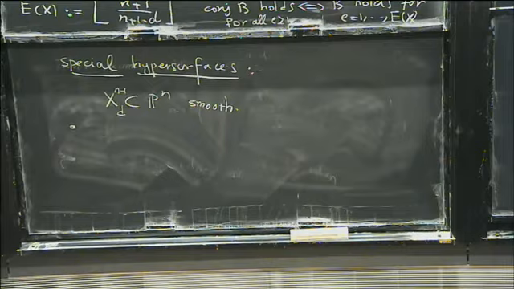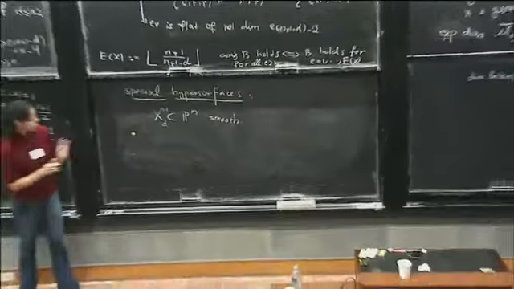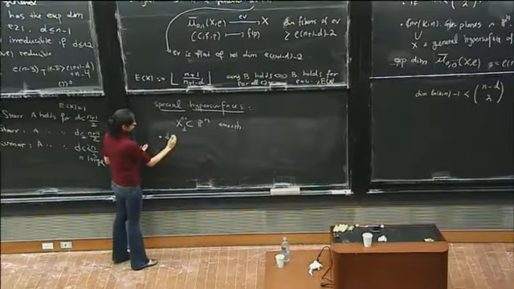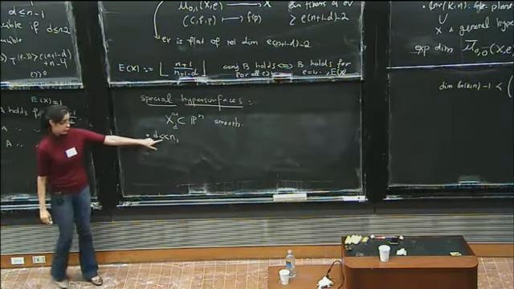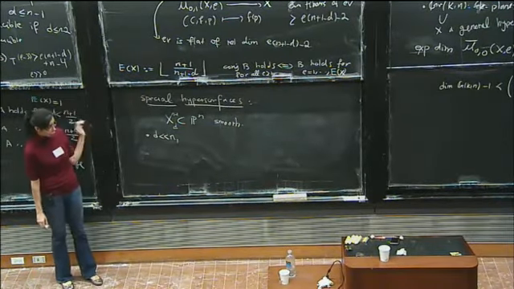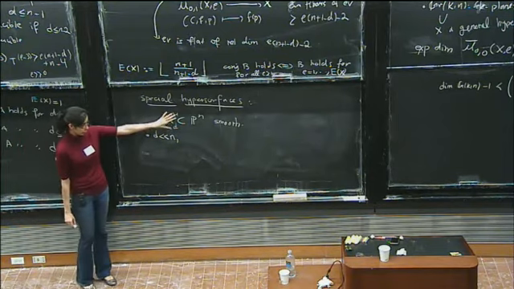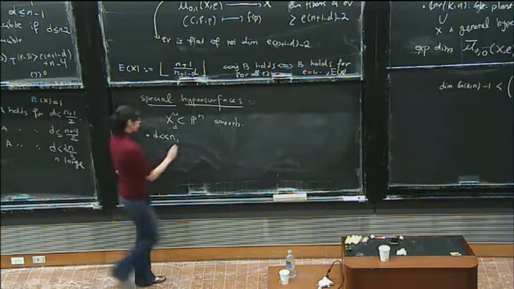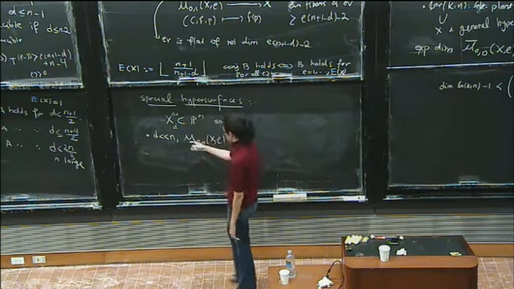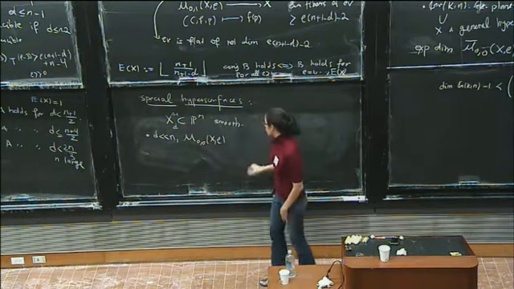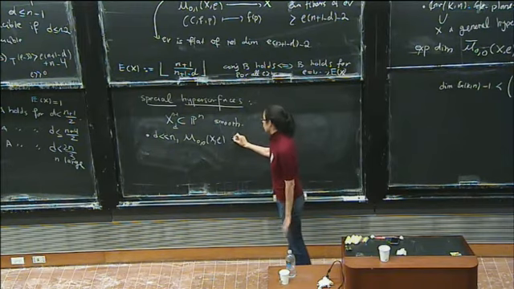First of all, if d is very small with respect to n, exponentially small, it is possible to show that the space of stable maps, with irreducible domain, if there is no line here, is always irreducible of the expected dimension.